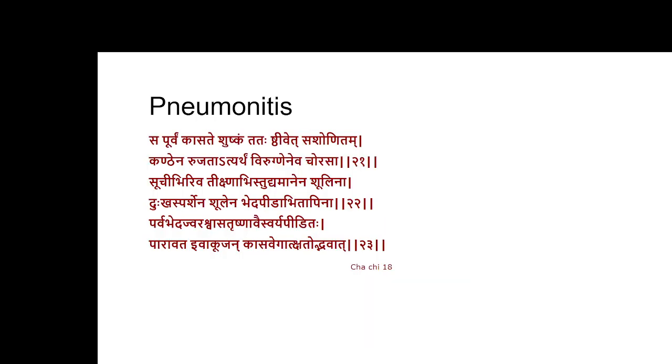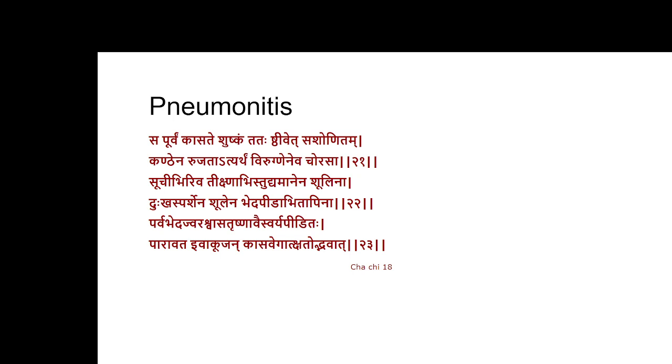Whereas once it becomes the next stage, the liquefaction stage, that's the typical presentation of sarpurvam kasave shushkam tatha stivet shashonitam kanthe rujata atyartam virugnenev chaurasa suchi bhirva tikshna bhitudyamane shulina dukkasparshena shulena bheda peda bhidapina parva beda jara shwasa trashna vaisware peditaha paravadiva pujan kasave rakshatodbhavan.